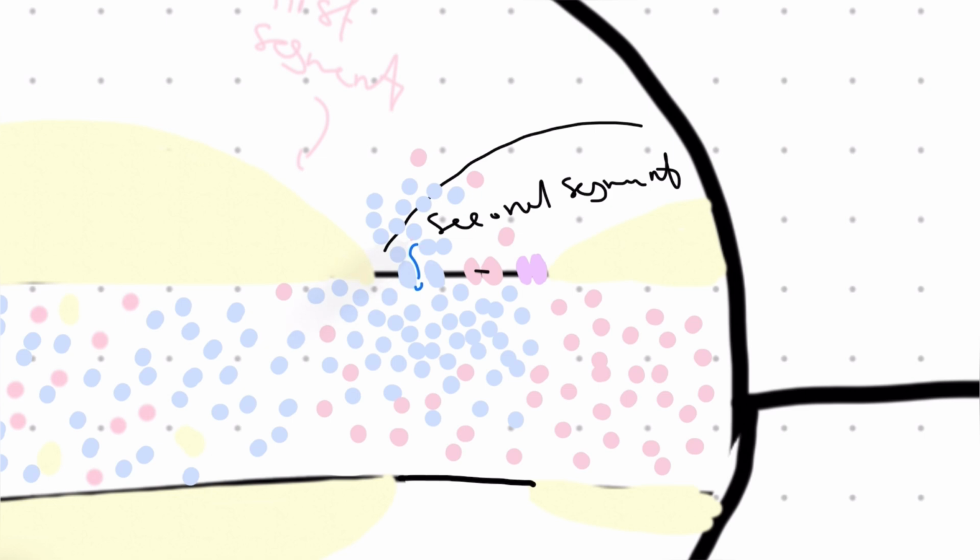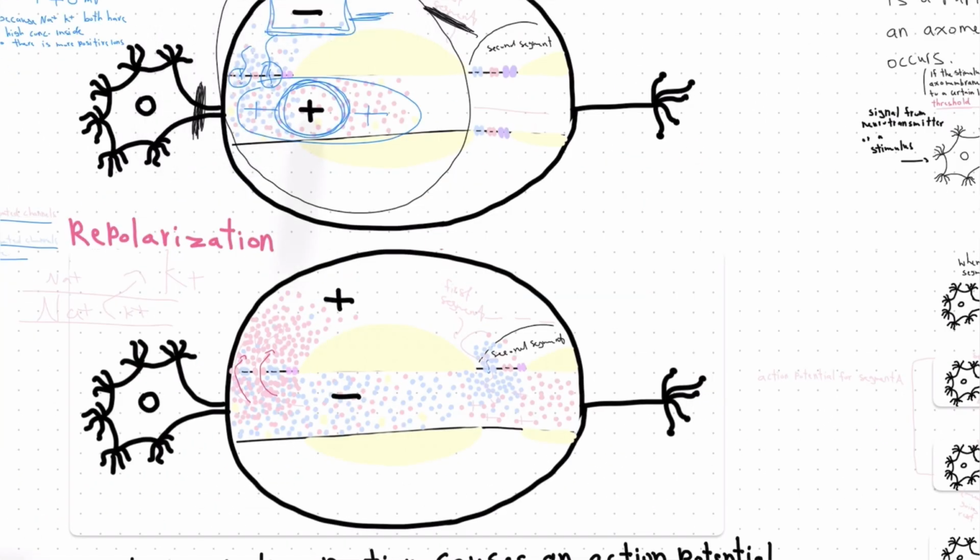And again, like the first segment's depolarization, sodium gated channels open and sodium ions rush into the cell, making the inside more positive and the outside negative. Look, during the action potential of the first segment, the inside is positive, the outside is negative, and the second segment is at rest.